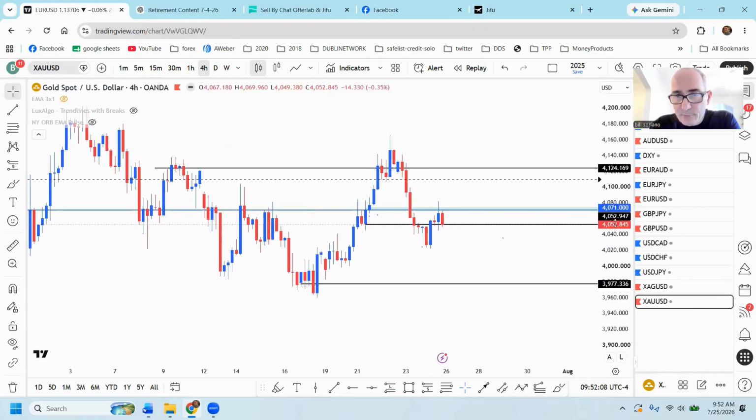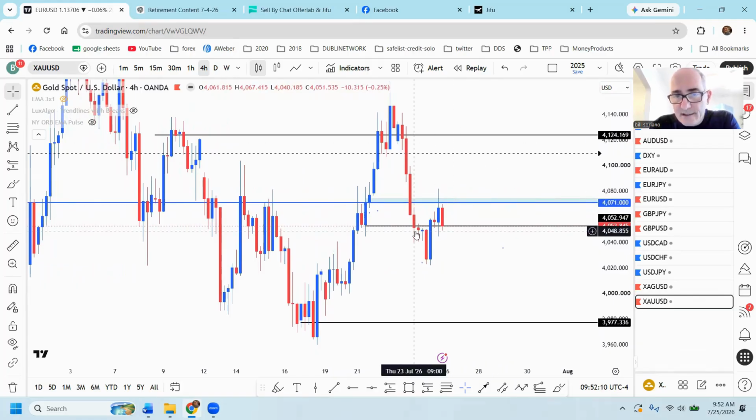And you can see what happened was late on Friday, this 4-hour candle that closed at 5 p.m. on Friday, we had been looking for buys prior to this candle closing. Once this candle closed, that changed our outlook on gold to bearish. Okay.